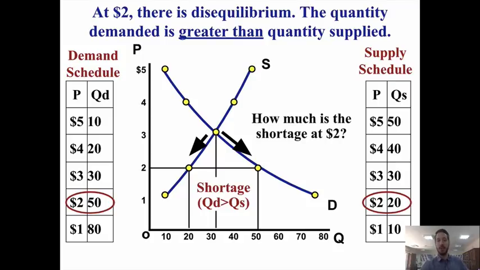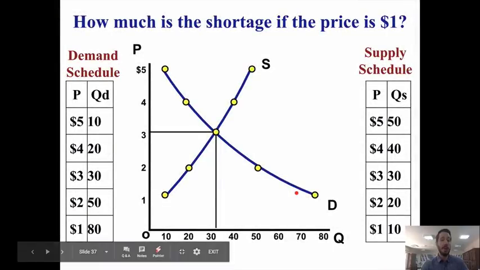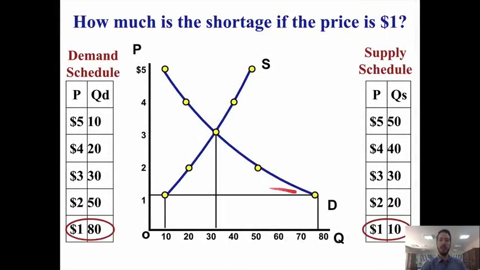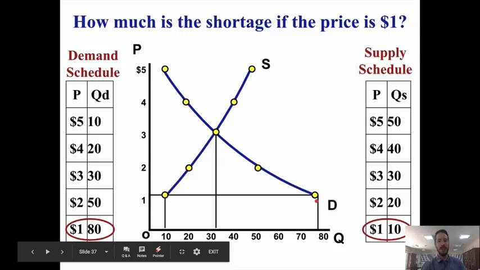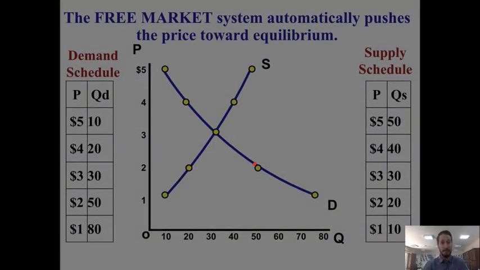And how much is that shortage? 30. So there's only 20 in the market, but 30 people are not going to get their cereal. So what if it's $1? Well, what's the shortage? It'd be 70 because the demand is 80, supply is 10, so the shortage is 70.